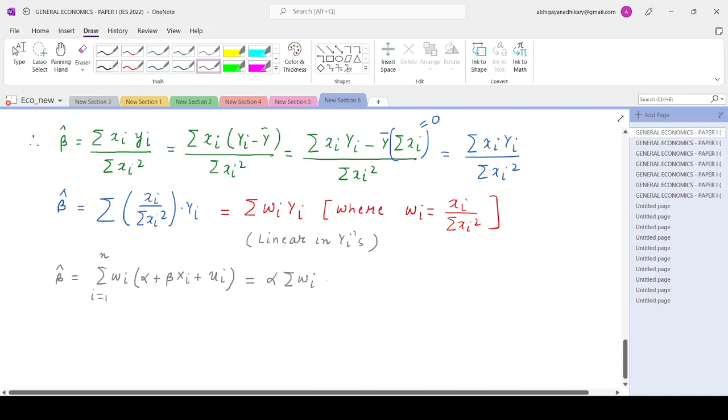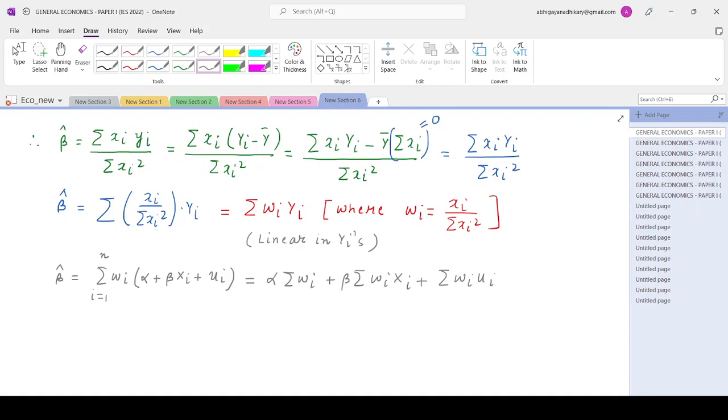Alpha summation wi plus beta summation wi capital Xi plus summation wi ui. Okay, fine. So now we need to work out these expressions, summation wi and summation wi xi.